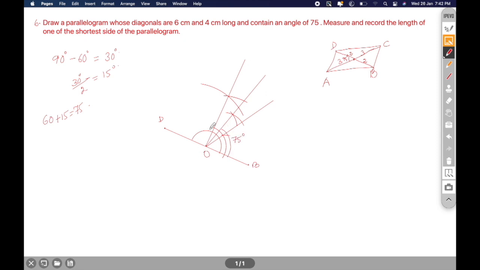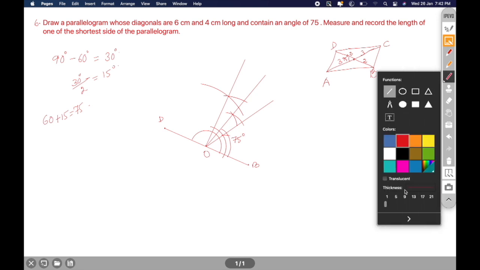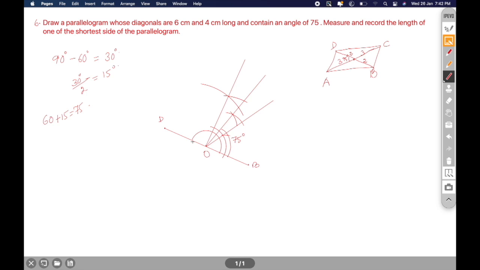Now this diagram might look a bit untidy, but each of these steps is important to show the construction of 75-degree angle. Now this 75-degree angle has two arms, right? So one arm is already a part of the diagonal BD. The other diagonal can come from this arm if we extend it further.